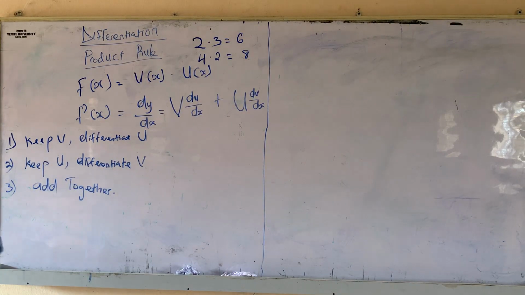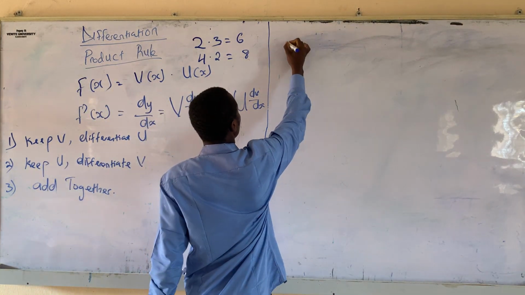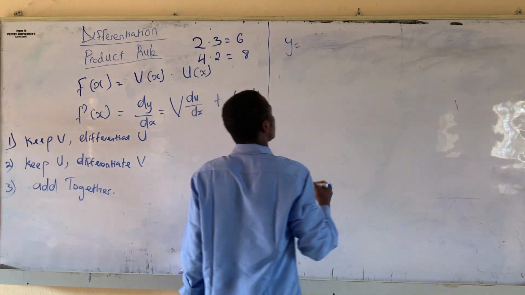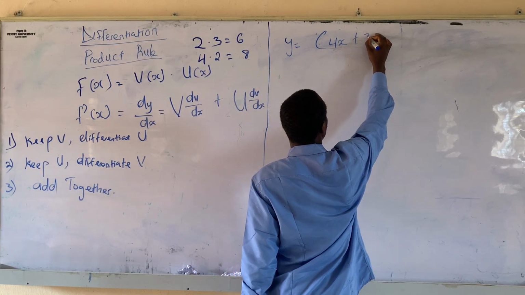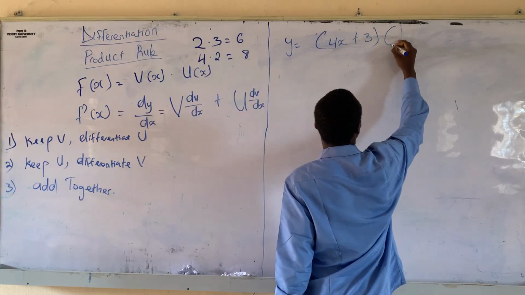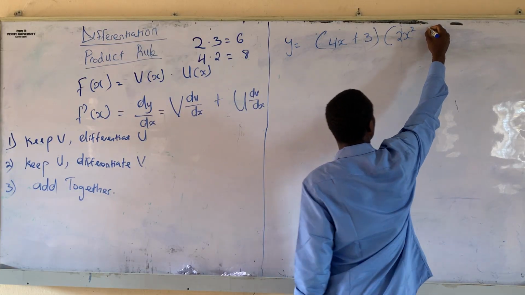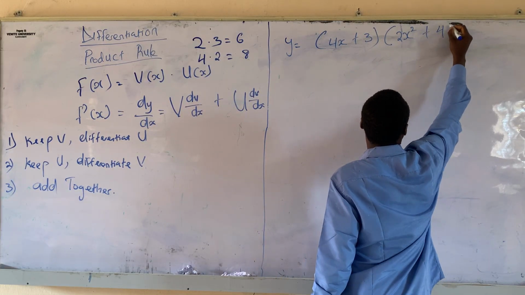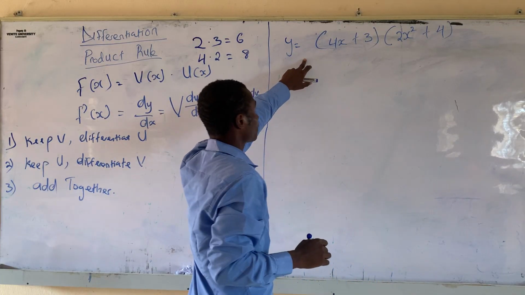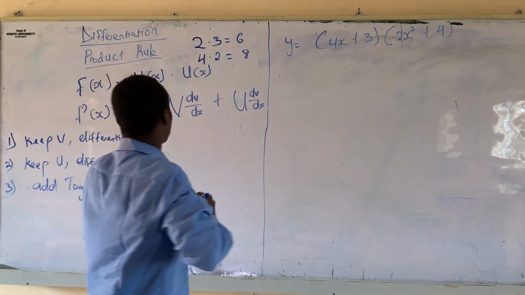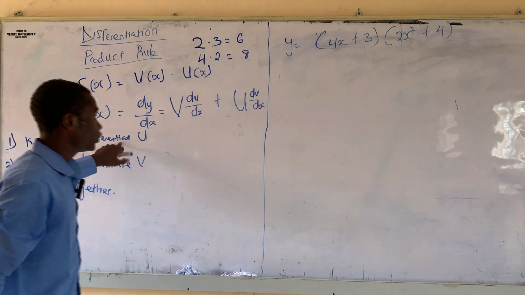Let's take an example to see how it works. Let's say y is equal to (4x plus 3) times (2x squared plus 4). If we are to differentiate this, then according to this idea, keep v and differentiate u.